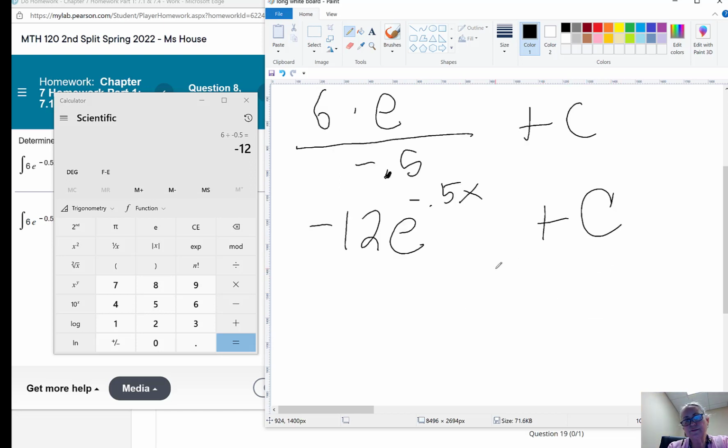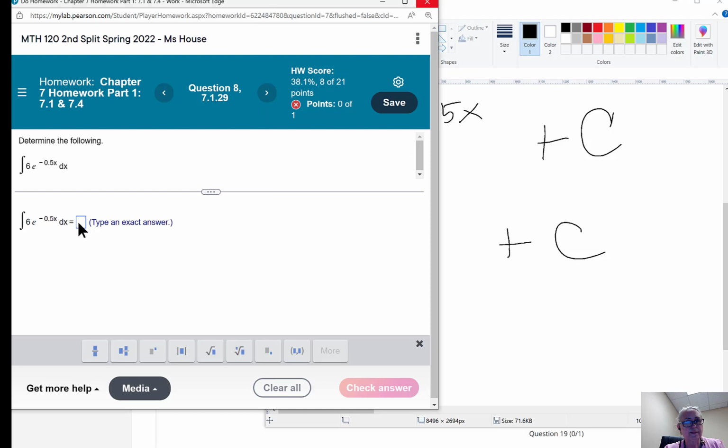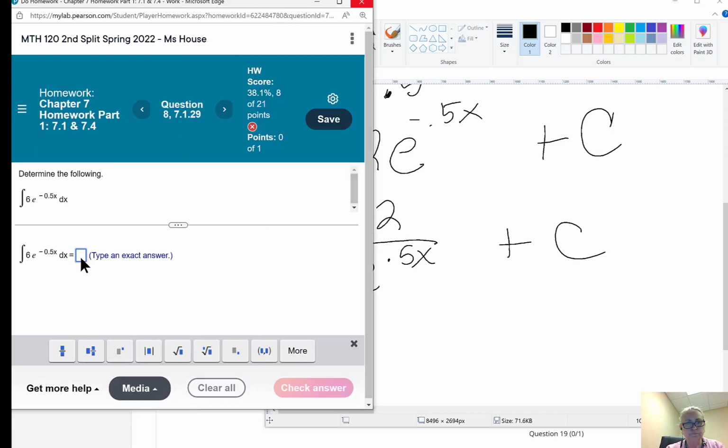Now I could write this as negative 12 over e to the 0.5x plus c, but when our base is e with a negative exponent, it is okay to leave it that way. So MyMathLab should take it either way, and I will take it either way. So negative 12 divided by e to the 0.5x plus c.